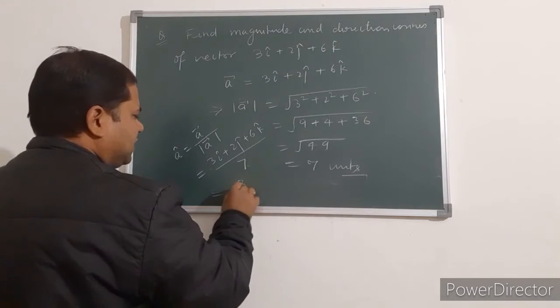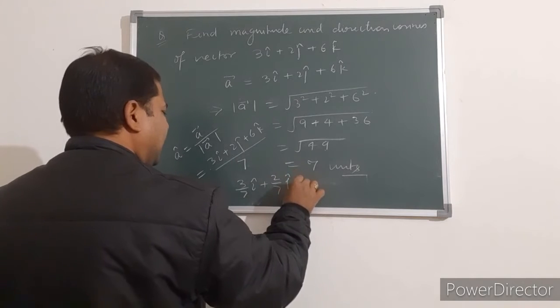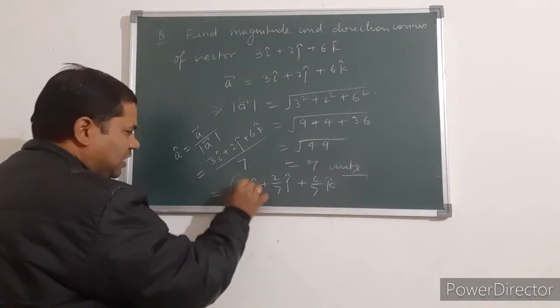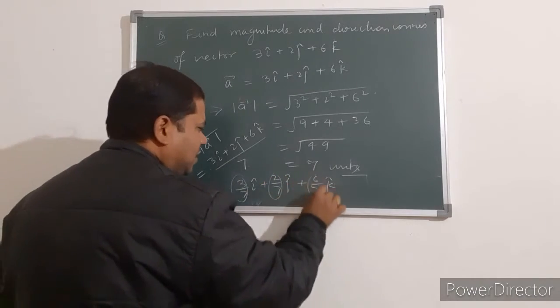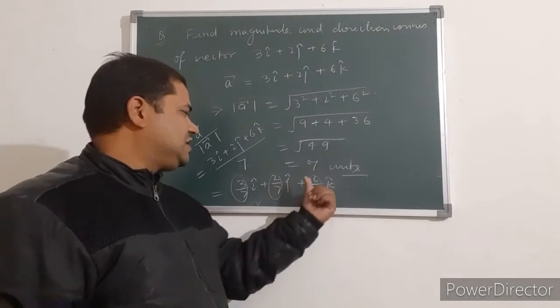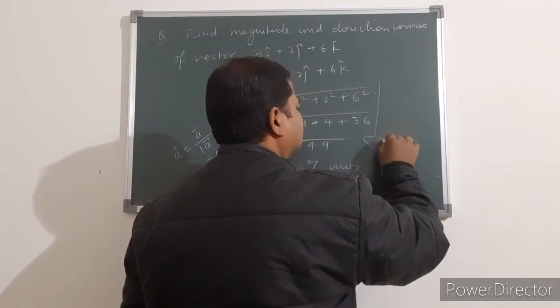So this is 3 by 7 i cap, 2 by 7 j cap and 6 by 7 k cap. The scalar components are 3 by 7, 2 by 7 and 6 by 7.